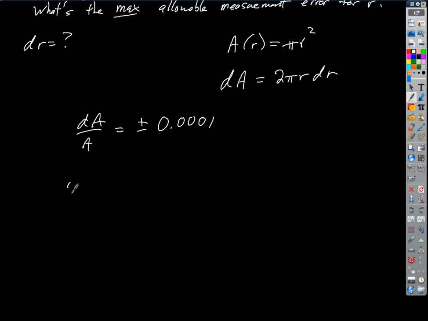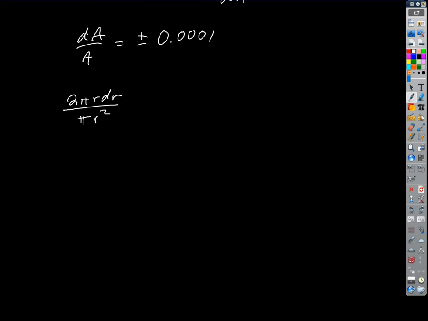That's just 2 pi r dr over pi r squared, right? I can whittle this down a little bit. Cancel the pi's, cancel an r. So 2dr over r equals plus or minus 0.0001.